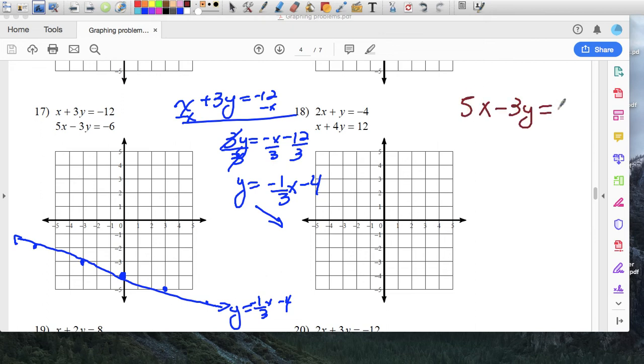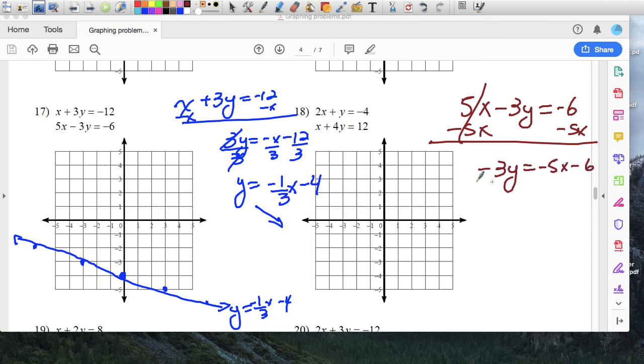Point D: 2x plus 3y equals negative 12. Minus 2x, minus 2x. That crosses out. I'm left with 3y equals negative 2x minus 12, divided by 3. Divide each term on the other side by 3. I'm going to get y equals negative 2 over 3x minus 4, because 12 divided by 3 is 4.